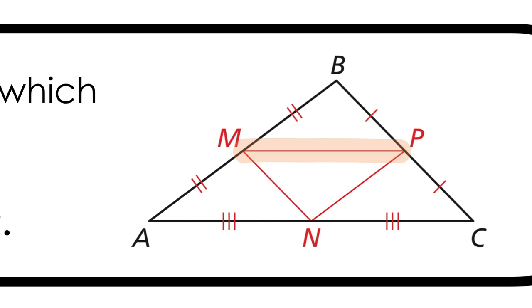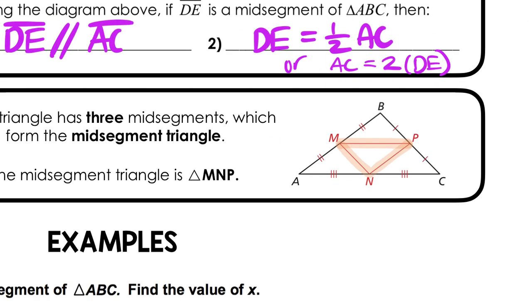We can tell because it's creating these congruent parts. M has to be the midpoint since both of these pieces are equal, and P has to be the midpoint since both of these pieces are equal. So this is a mid-segment. But we also have a mid-segment here. NP is a mid-segment, and so is MN. These are all mid-segments, and if you connect all of them, they create this little triangle in the middle. We're going to do more with that in a little bit.